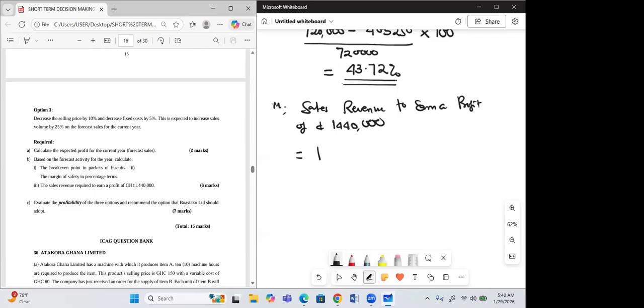Yes, sir. Fixed cost plus the target profit, all over what? All over the CS ratio.